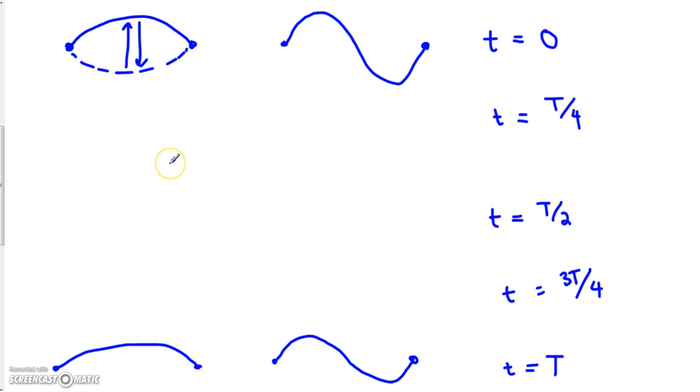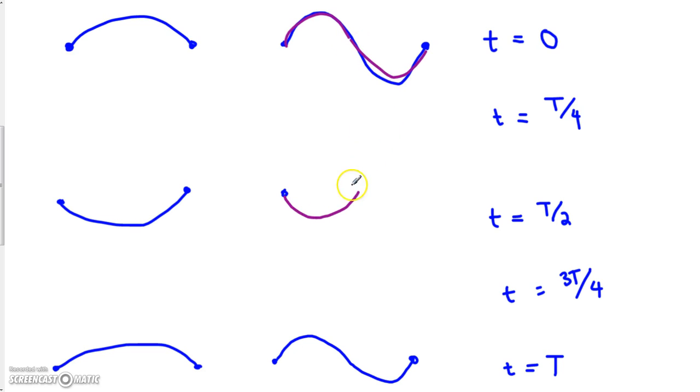So it's just oscillating up and down. So halfway into the cycle, it has gotten to the trough. It's inverted, or it's a mirror image of where it started. And likewise, for this one, this crest right here becomes a trough, and this trough here has inverted to a crest, like that. So that's what this standing wave looks like.